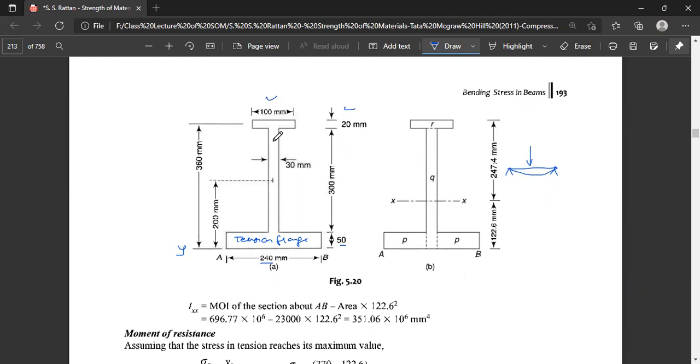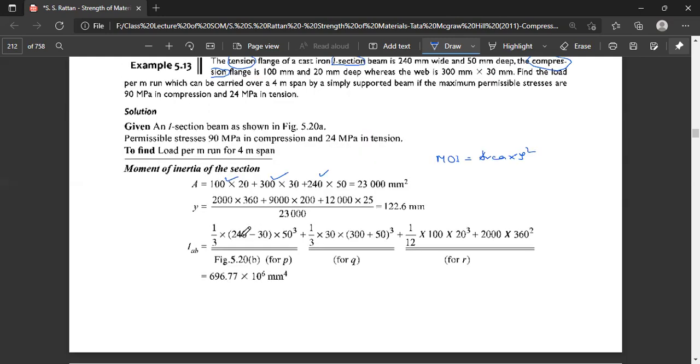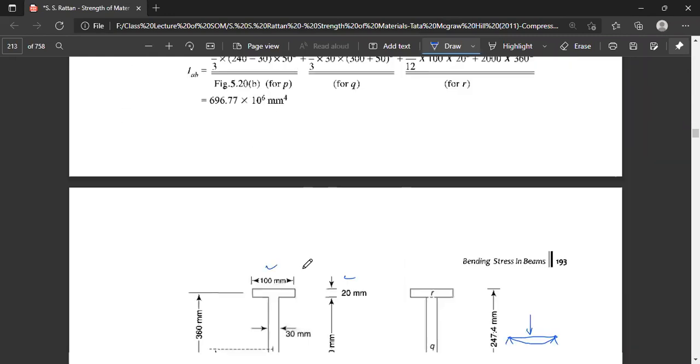We are just omitting this portion because we have to take it into account differently. So this is the length multiplied by the half of the height, 250 into 250 minus 30 into height 50 to the power 3 into 1/3, plus the section for section B here.